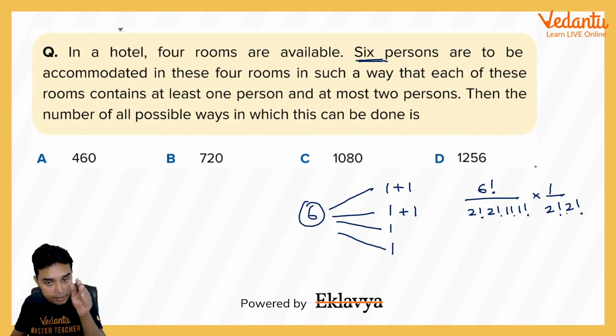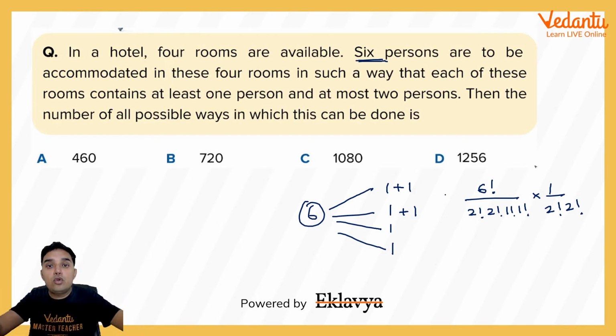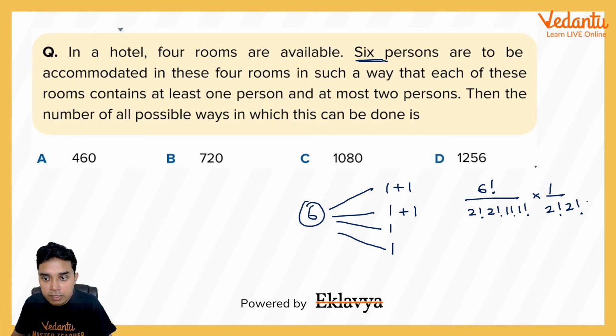But till this point I have only created 4 objects. You can understand, 4 objects, and they are, you can say, O1, O2, O3, O4, and these O1, O2, O3, O4 have to be given to 4 rooms. So every room gets 1 object, isn't it? So there we have to multiply by 4 factorial.